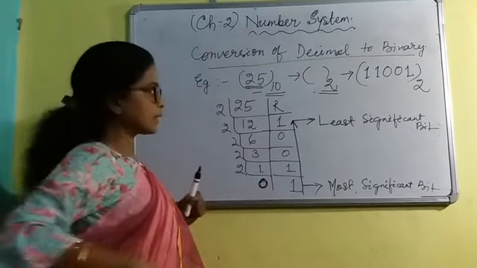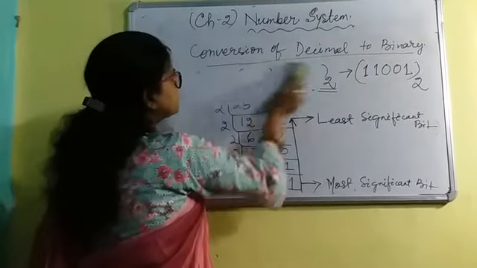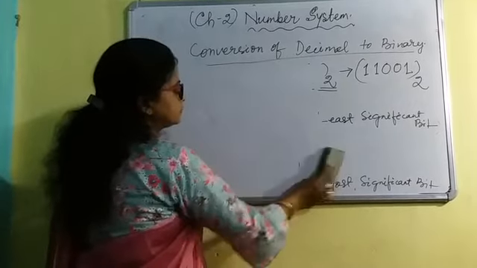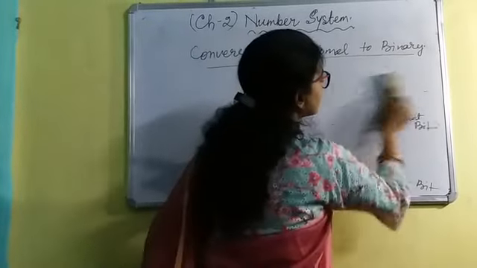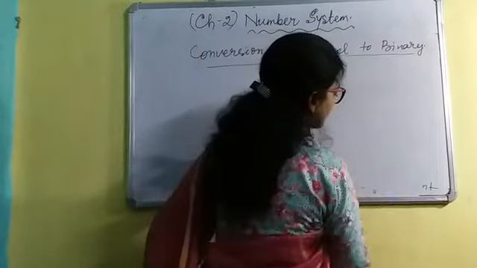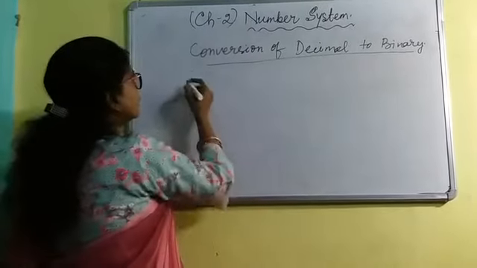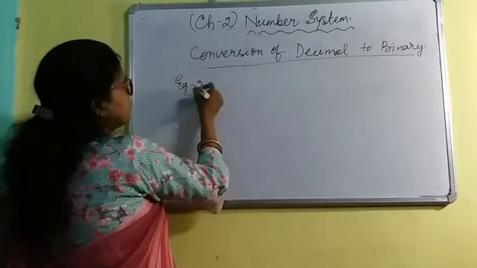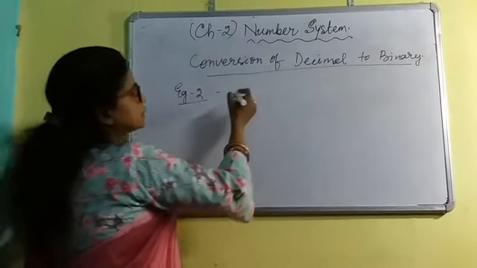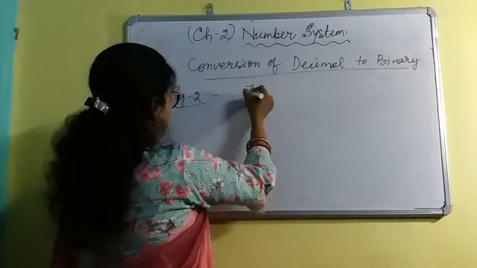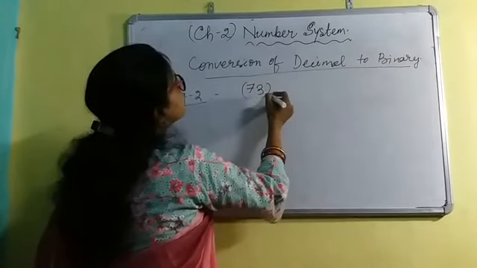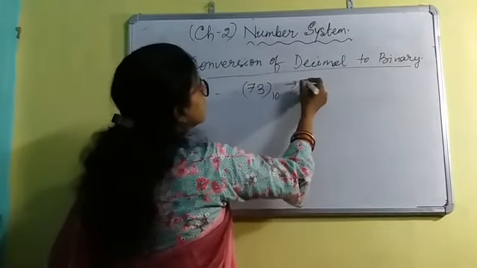Let us take another example. Suppose I am taking 73. 73 is a decimal number.